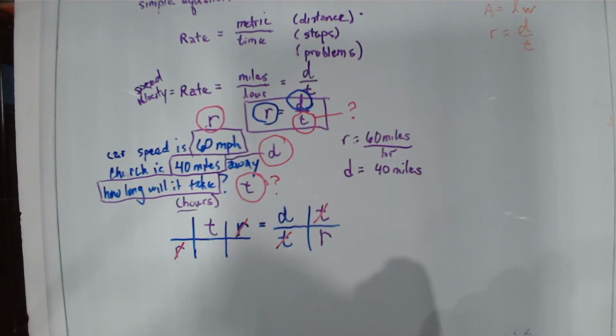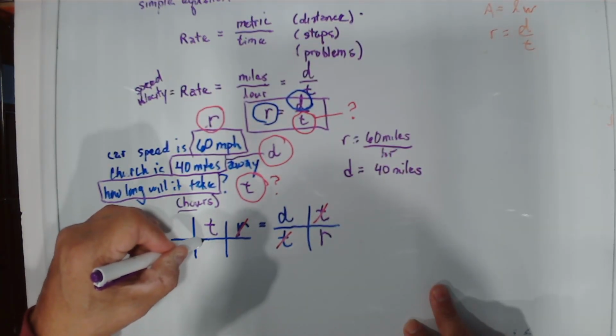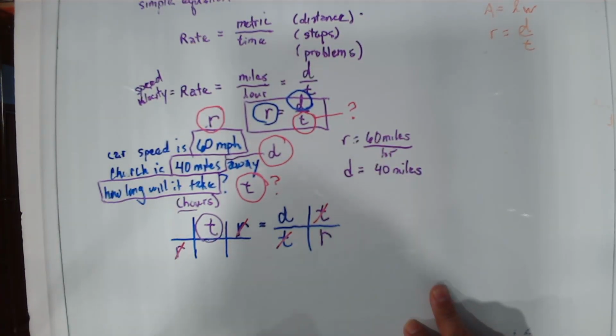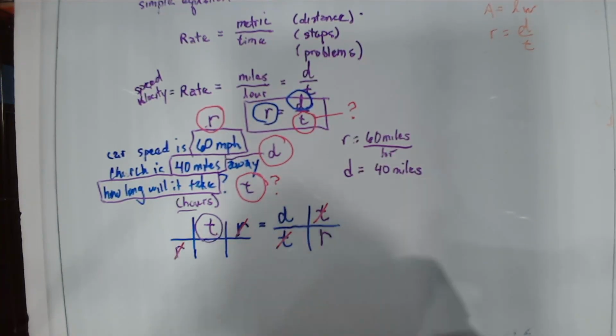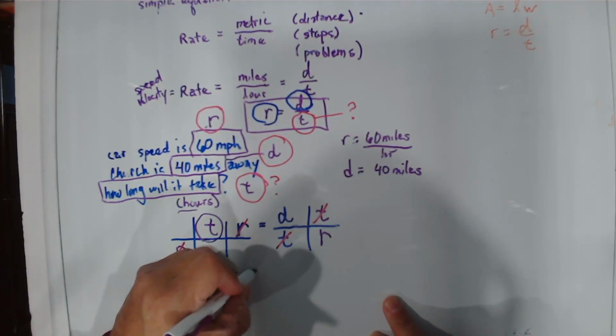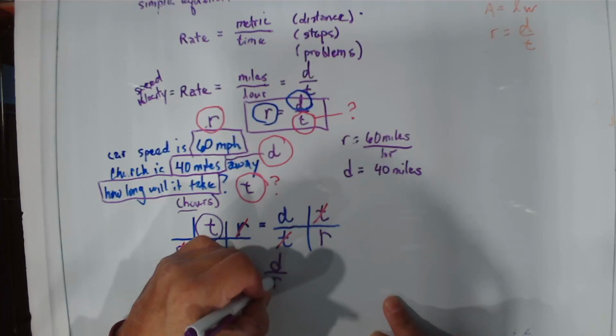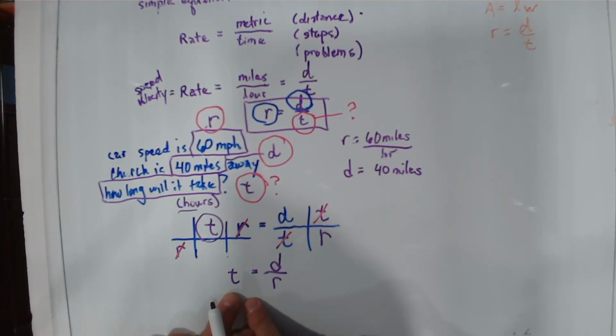Okay, so what have we done? If you look at it, we got T by himself, and now we have the other variables on the other side. So we got what we wanted. So now we know T is equal to D over R. All right, so that's our timing.